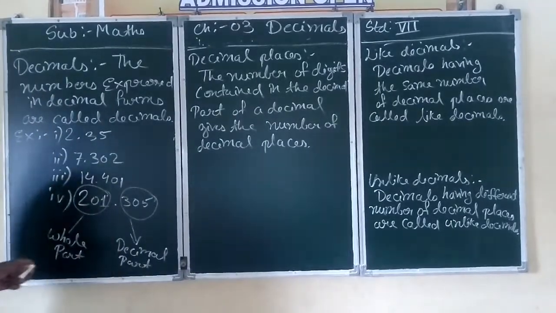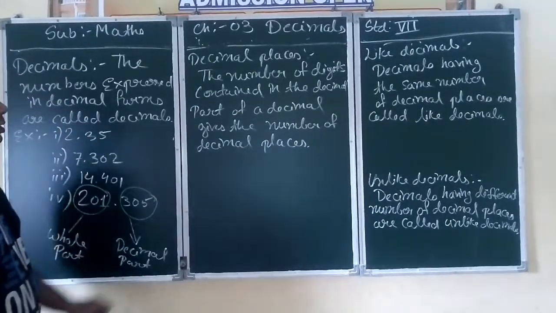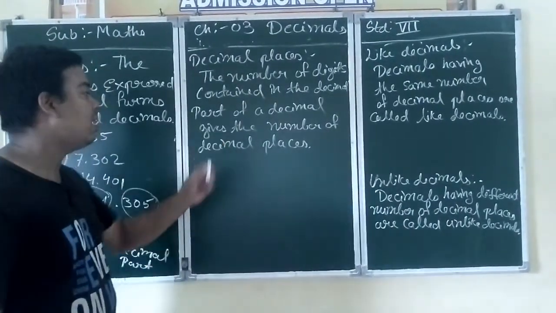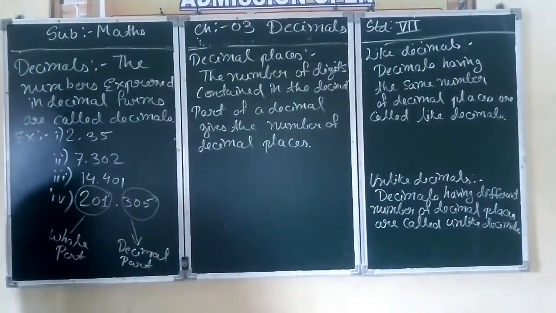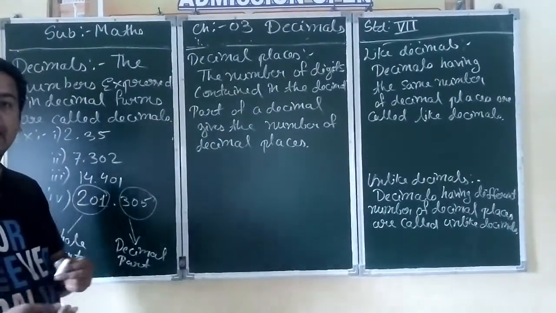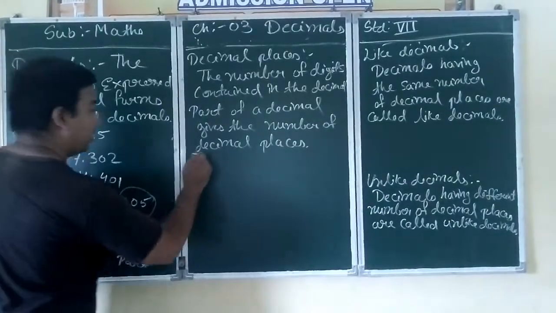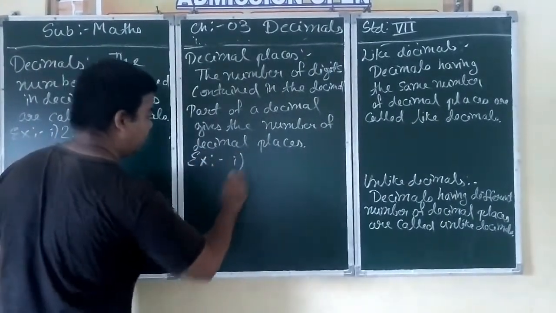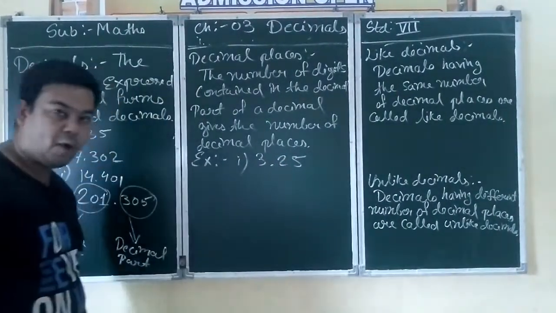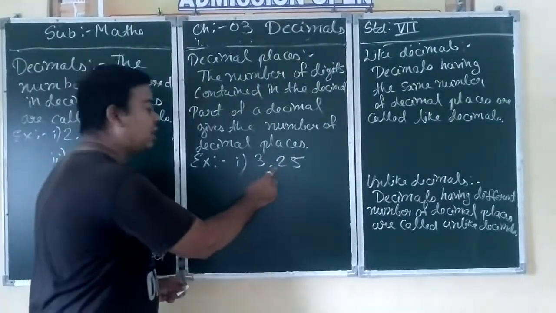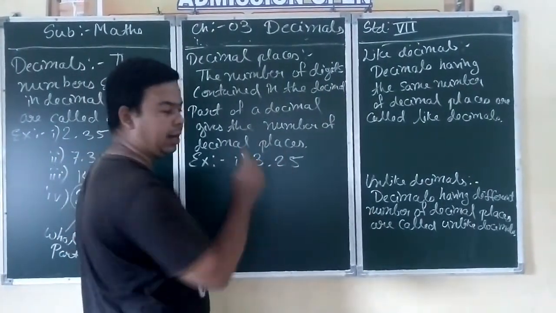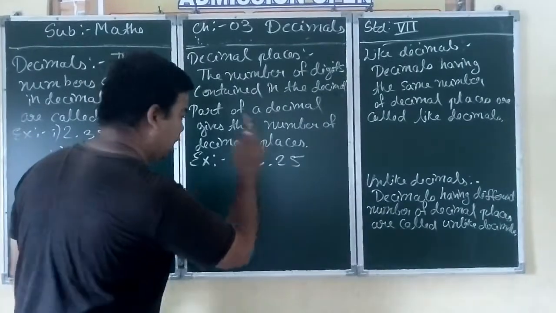Next, decimal places. The number of digits in the decimal part of a decimal gives the number of decimal places. Decimal places means tens, hundreds, thousands. Example: 3.25. After the decimal point, how many digits are there? Two digits, meaning tens and hundreds.